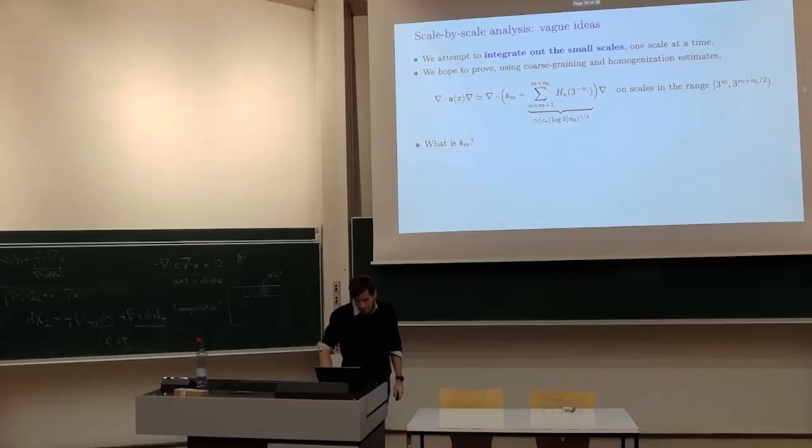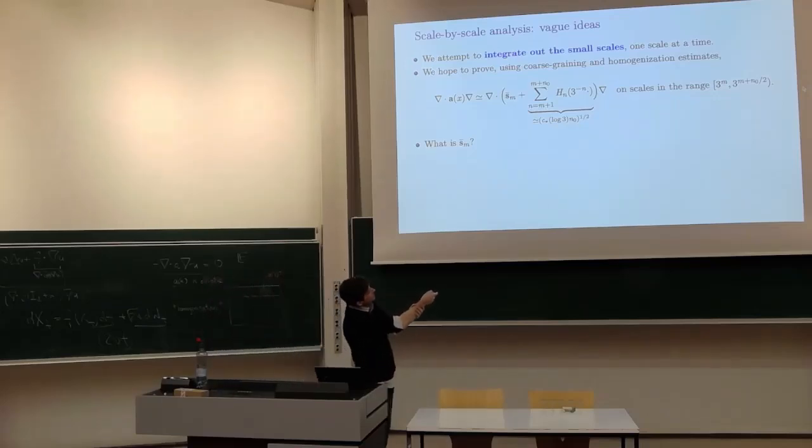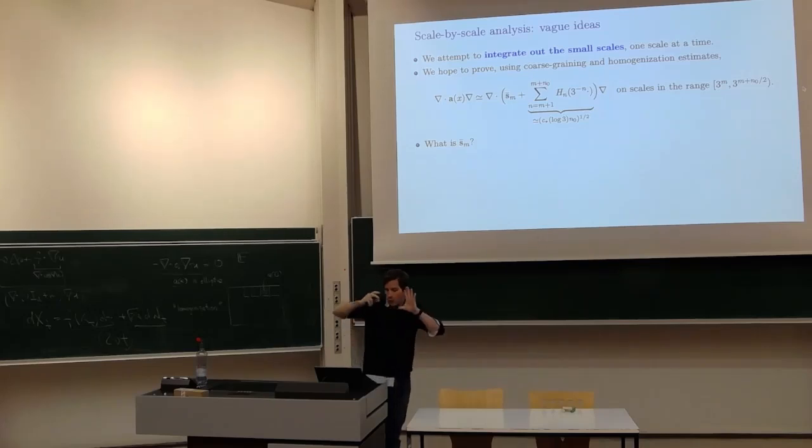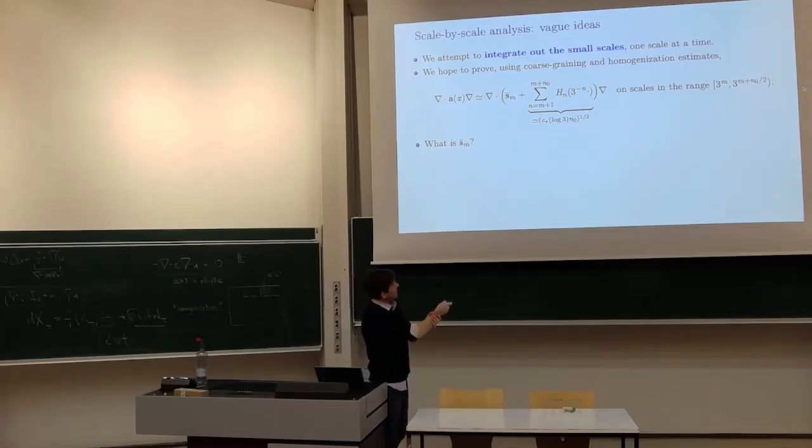Okay? So here's how it works. The full operator is here, and I want to show that in this range of scales, so now I'm zoomed out to a scale where the scale is 3 to the m, I'm going to have a kind of window of scales that I'm going to look at. So it's 3 to the m to 3 to the m plus some small increment.